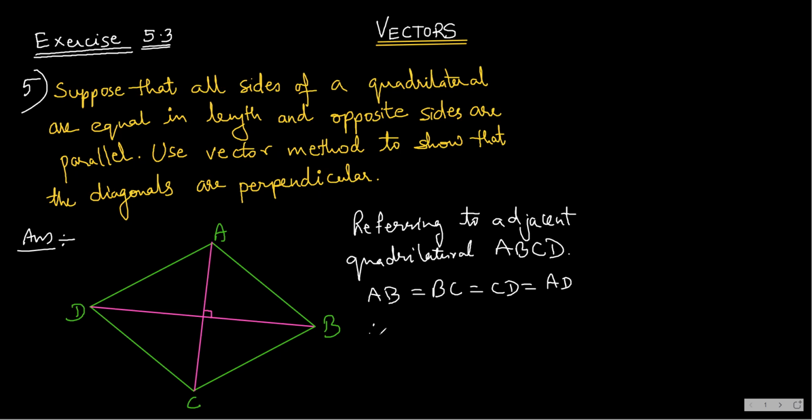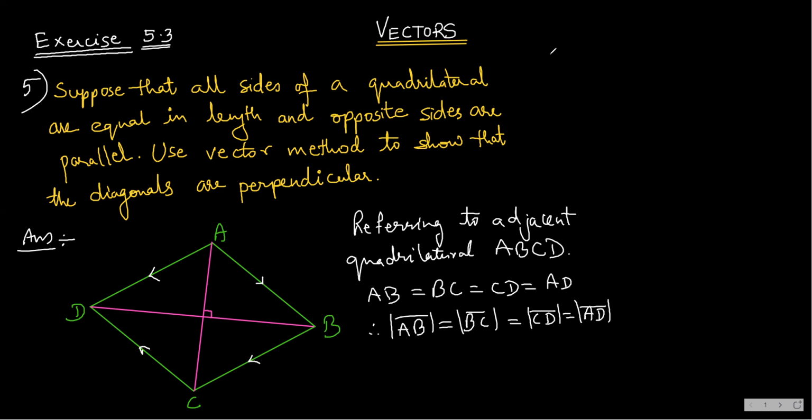So therefore, I will write here magnitude of AB bar equals magnitude of BC bar equals magnitude of CD bar equals magnitude of AD bar. Since all the sides are equal, if I consider them as vectors, these vectors will have equal magnitude.